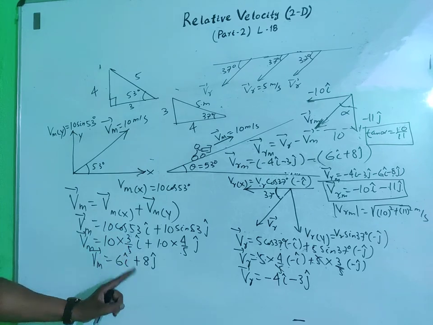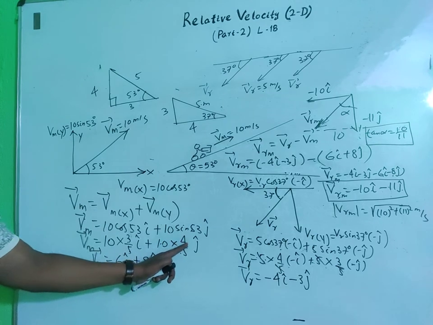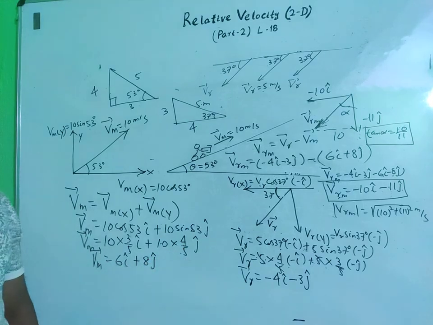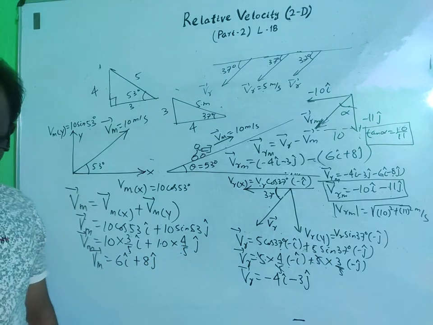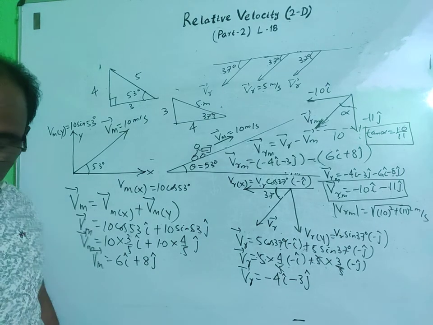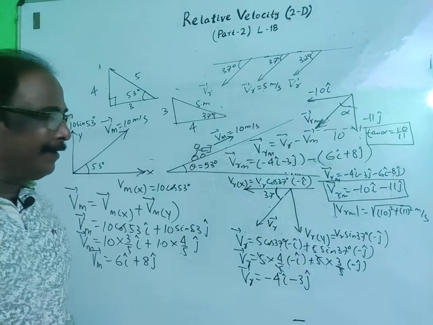Okay, this is also correct. And this is 2 into 4, this is 8. This is also correct. This one is right. Calculation is correct, but I think you have not written the answer properly.